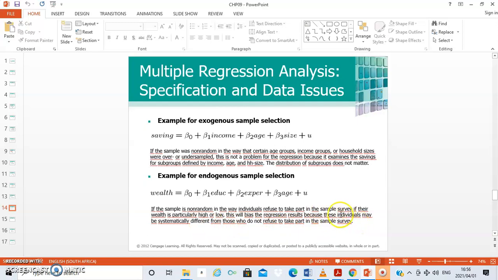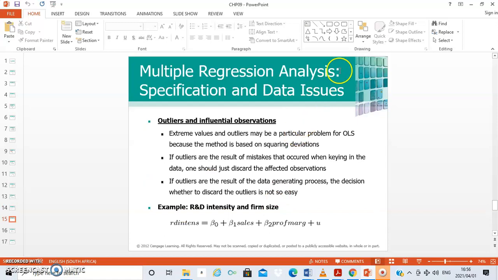And so that difference would have created better results or better estimation. But what if they are similar? Therefore, that's why we say in the case of endogenous sample selection, we always have a problem if we are dealing with non-random sample selection.